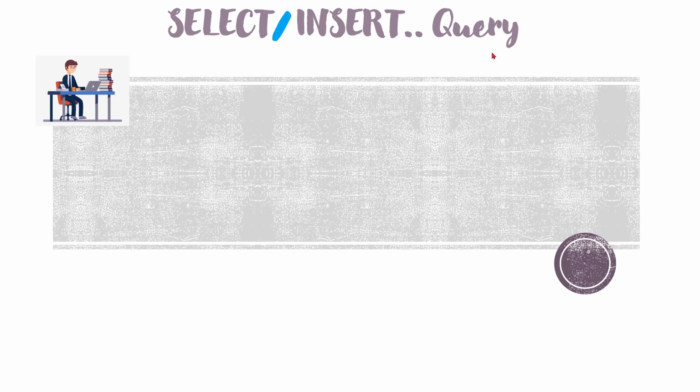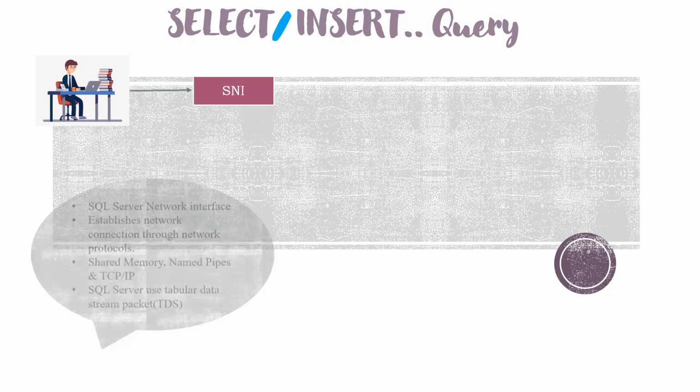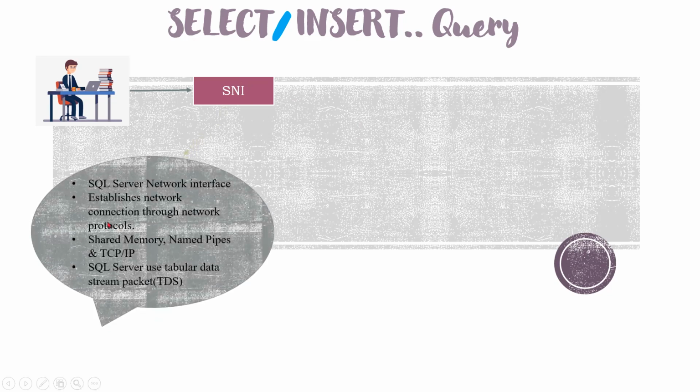So whenever you perform insert, update or delete, first it goes to the network, the SQL Server Network Interface protocols. Once it connects, it establishes the connection via shared memory, named pipes, or TCP/IP. Next slide we are going to discuss all this, sir, via TDS packets.